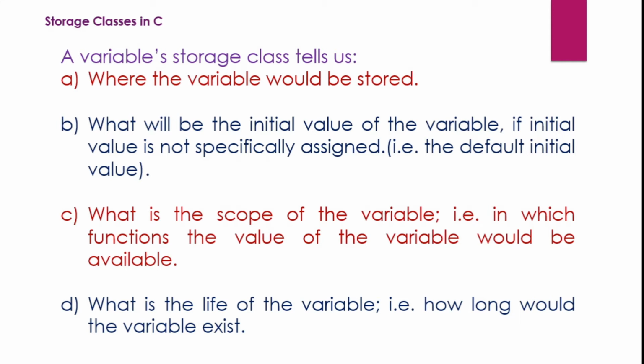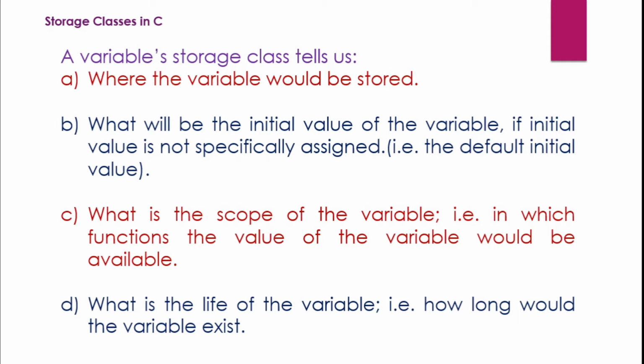The second thing the storage class mentions is the default initial value of the variable, if the initial value is not specifically assigned. The third is the scope of the variable: will it be within the function only, or will it have global scope?